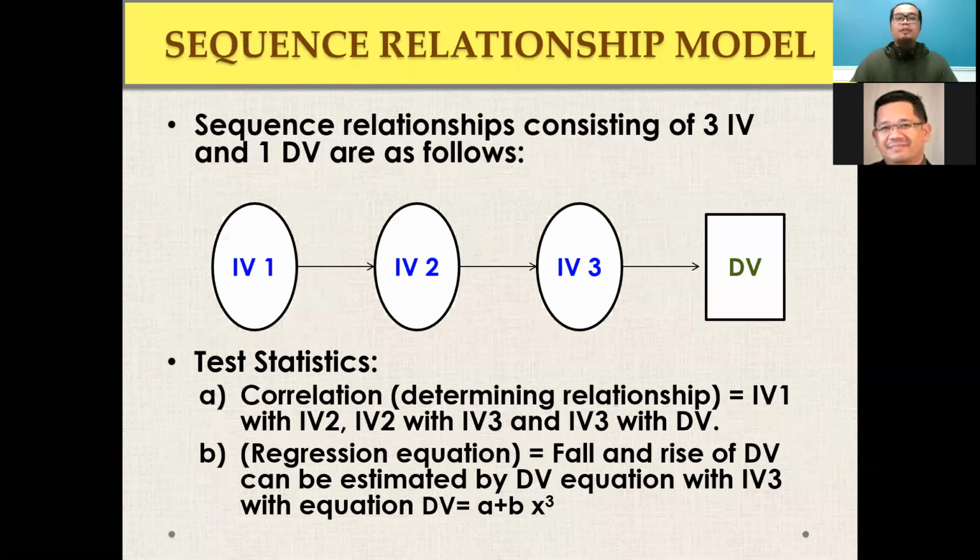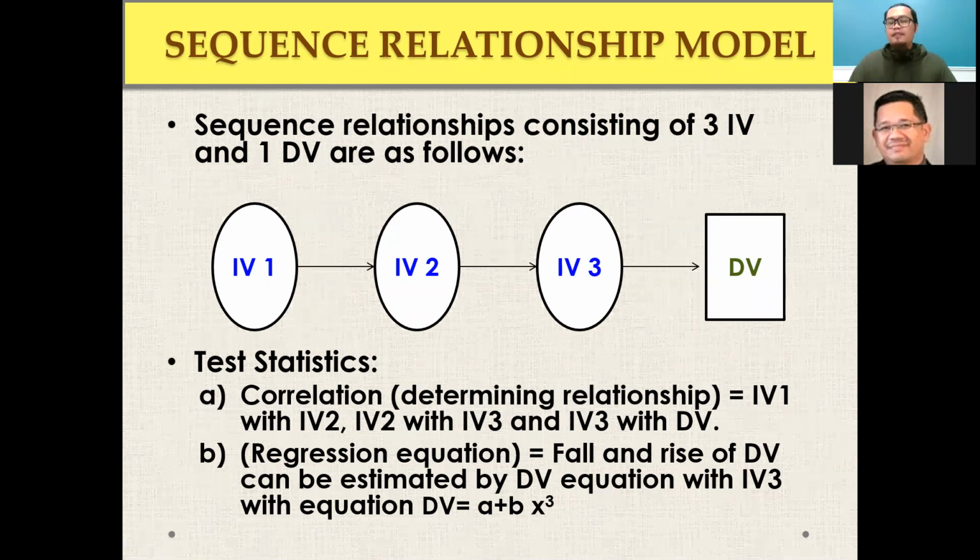Okay, we go to number 2. This we call sequence relationship models. This diagram and figure represent 3 IV and 1 DV. So a sequence relationship consisting of 3 IV and 1 DV is as follows.